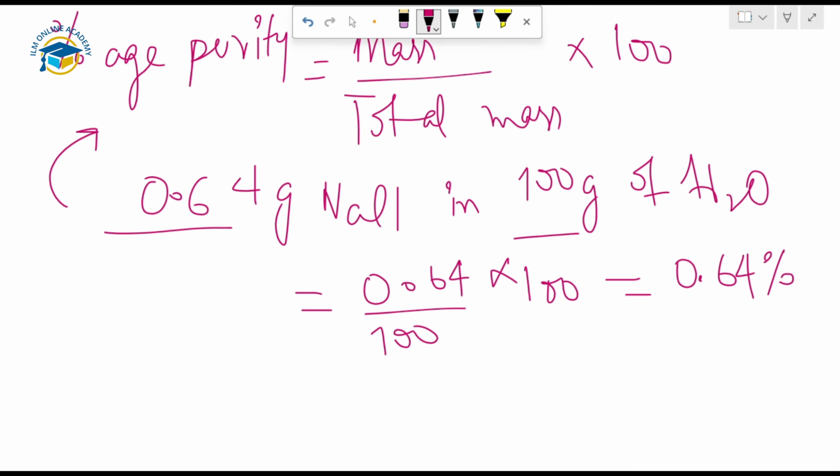So this is all about chapter number 5, which is about chemical calculations. Till now we have covered moles, the number of particles, limiting reactants, concentrations, calculations involving solution concentrations, calculations involving gases, and acid-base titrations. We have also covered the percentage by mass of an element in a compound, the percentage purity, and the percentage yield.